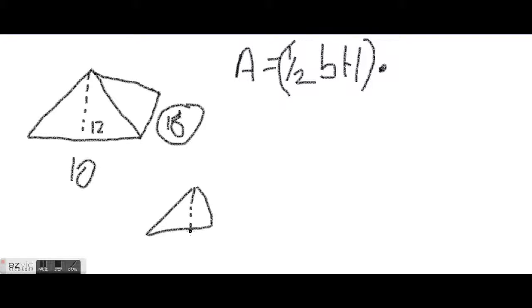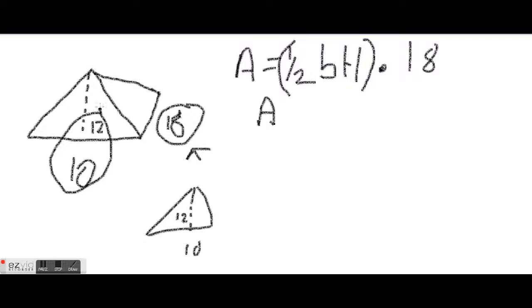All right, let's go ahead and do this. Base times height for these two is 120. So you have 1/2 times 12 times 10 is 120. 1/2 of that is actually 60. So you have A equals 60 times 18.